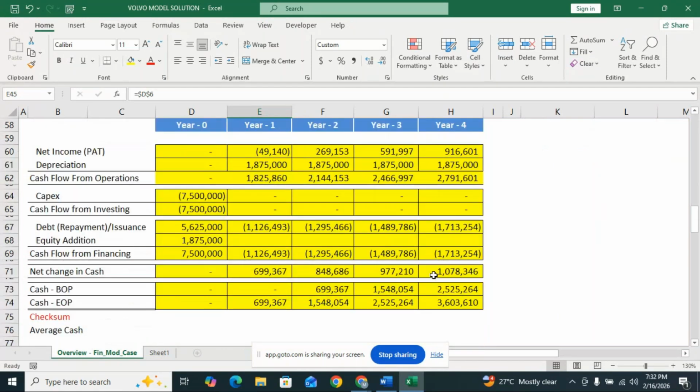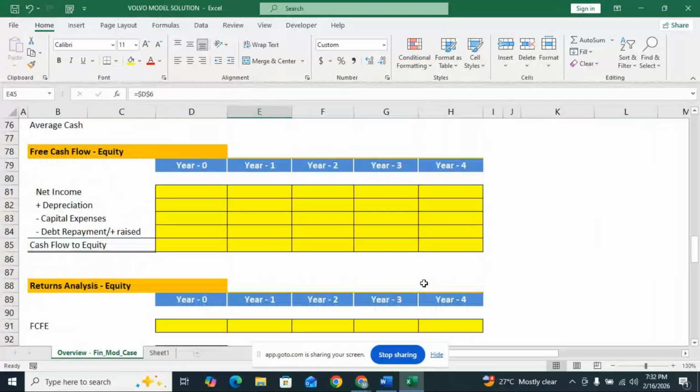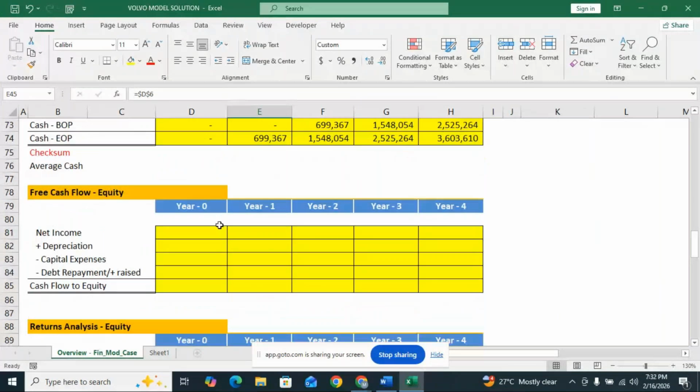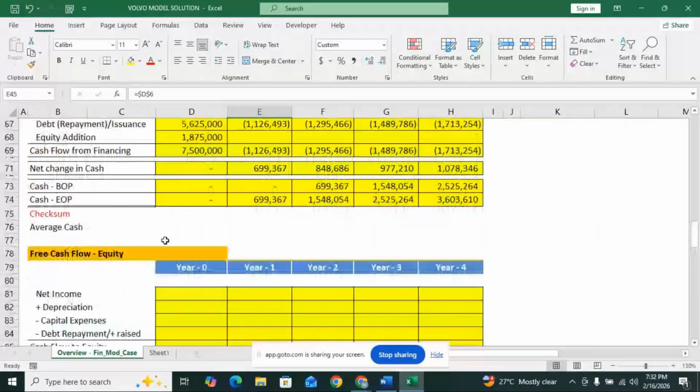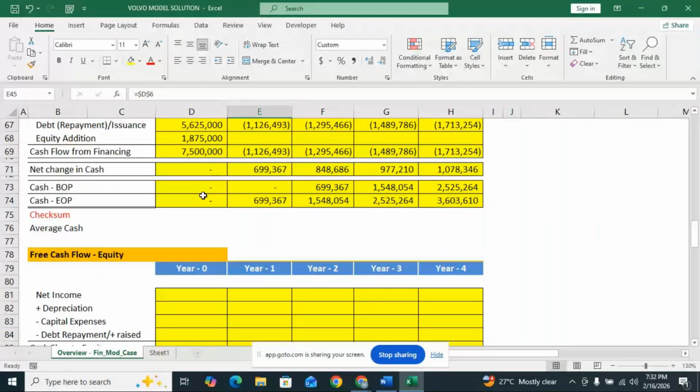So we have completed the cash flow statement successfully. And now we arrive at the last two segments, which are your free cash flow to equity, and finally your IRR calculation. So now, you have to post your net income here, your PAT, equals to, for year 0, whatever it is there.